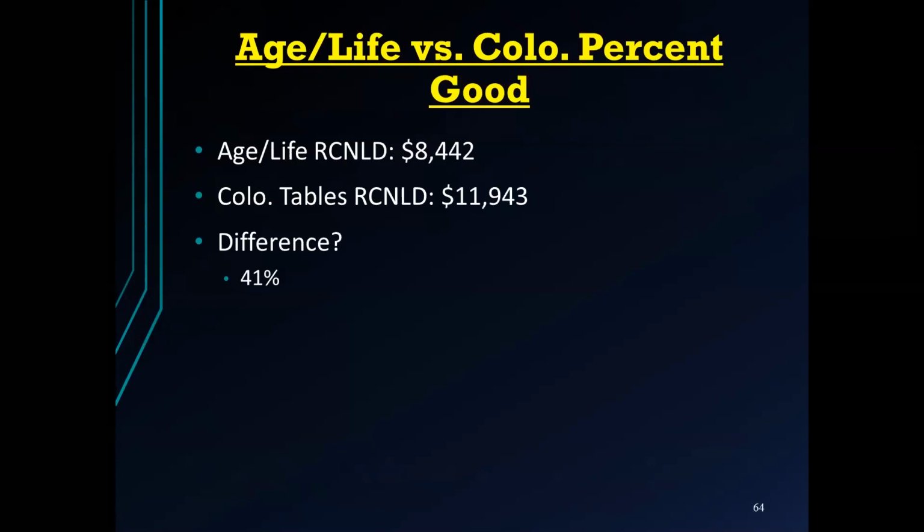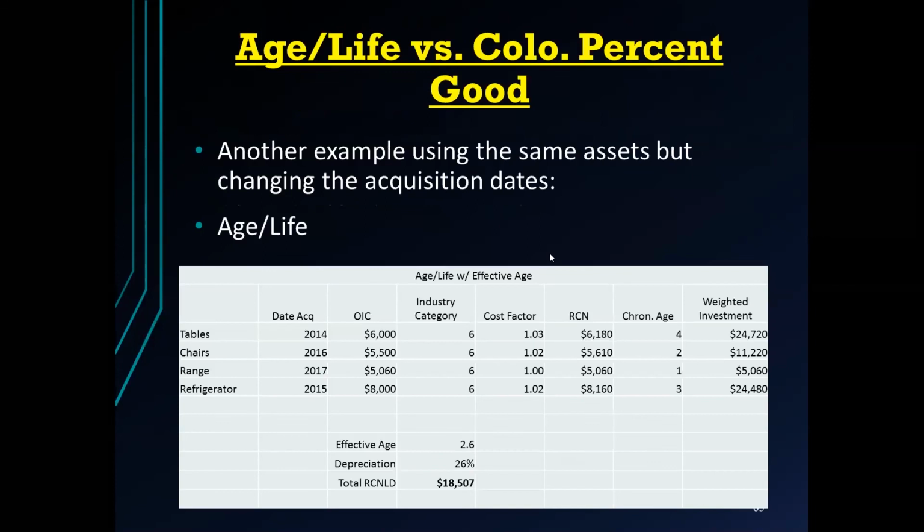And it's easy for that to be like, okay, well, we're still kind of doing the same thing, but we're not. So if you see an age life methodology used, know that it may be overstating the depreciation relative to what the depreciation would have been using our tables. But I want to show you a couple more examples.